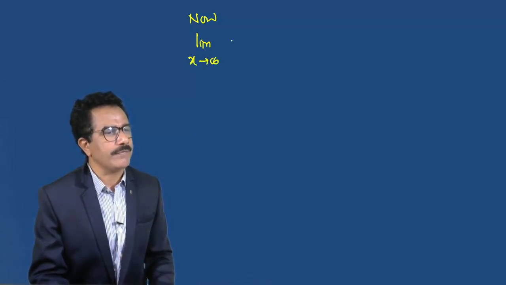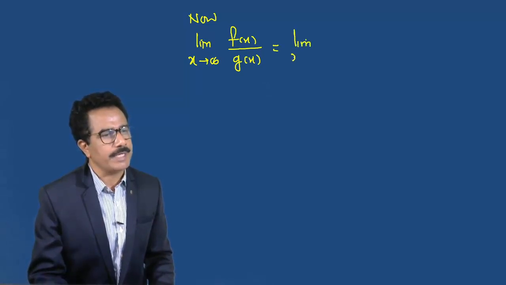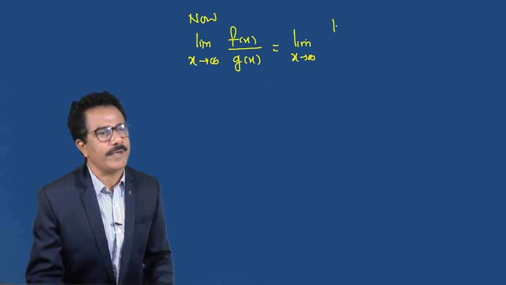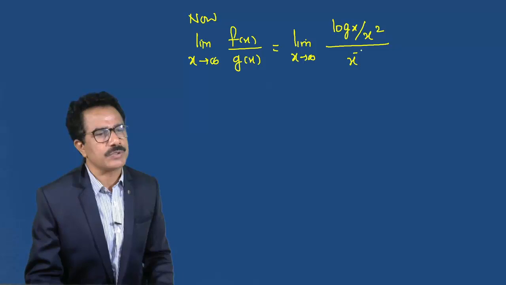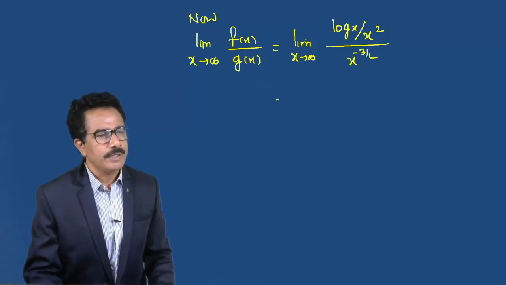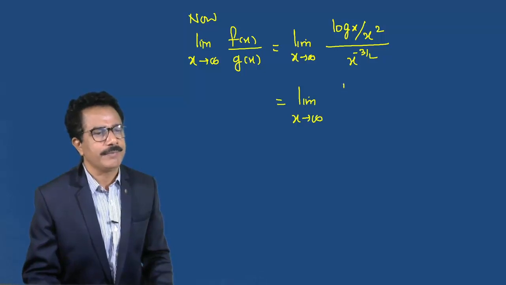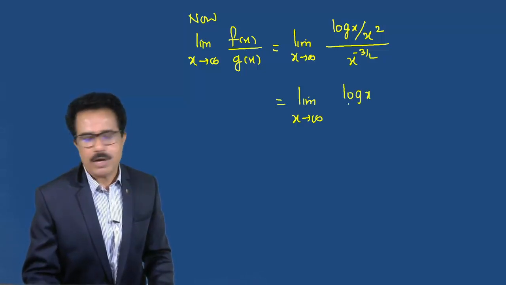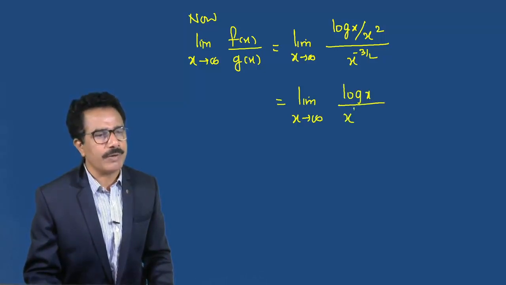Now limit x tends to infinity f of x divided by g of x, which is equal to limit x tends to infinity f of x, which means log x divided by x square, upon g of x, which means x raised to minus 3/2. So we can write limit x tends to infinity log x divided by x square into x raised to minus 3/2.